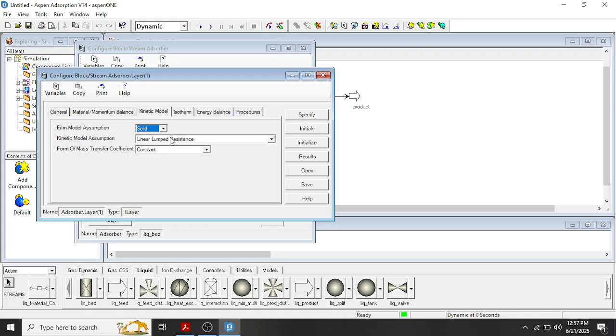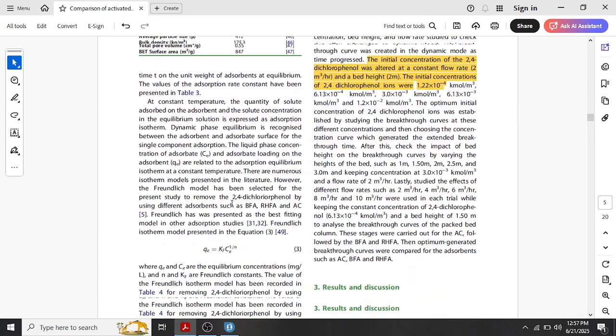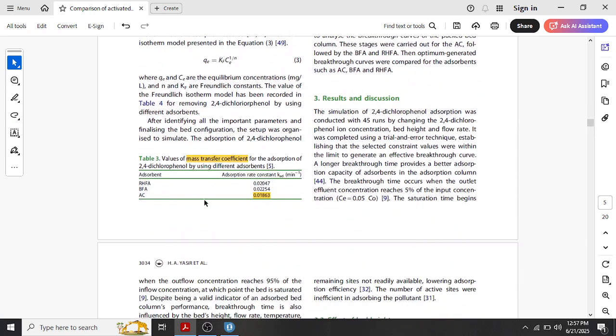This lumped resistance gives information about those resistances. It will be linear resistance, and the form of the mass transfer coefficient is constant. The constant mass transfer coefficient value is given to us, this one. You can obtain this mass transfer coefficient constant from various equations.